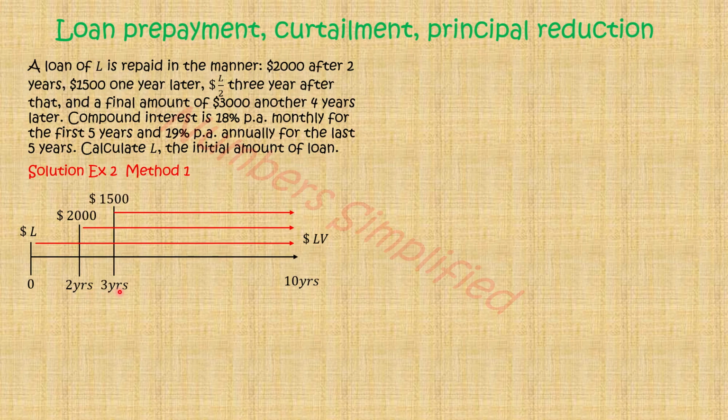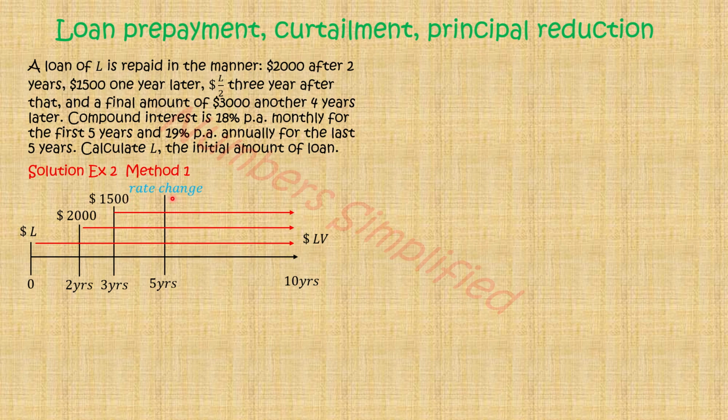In the third year, we also see that there was an amount that was paid of 1,500. That is also going to acquire some interest and help out in reducing the value of the loan, or rather the balance that is left of the loan. Then after 5 years, this time around, we have to take note of the change that takes place in the interest rate.